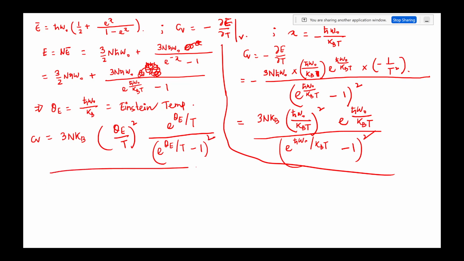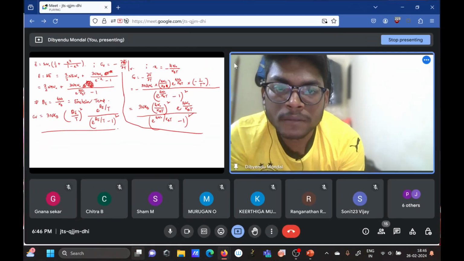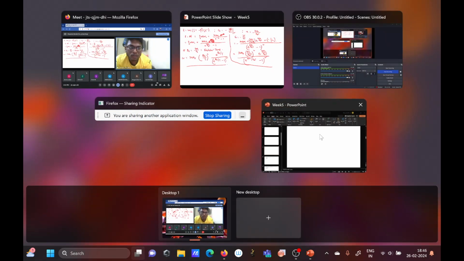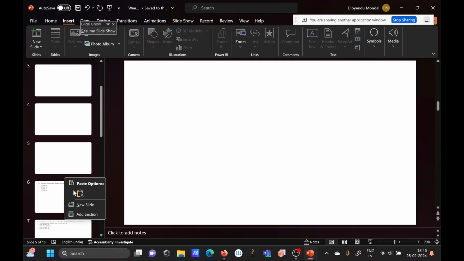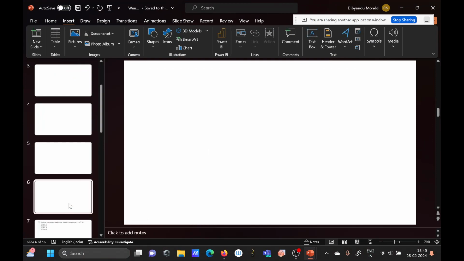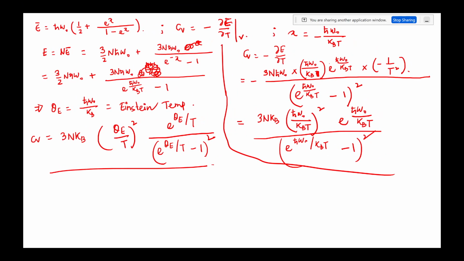So this is the actual form. Now our main goal is to get the high temperature limit, because I have to see why Dulong-Petit law was valid at high temperature.